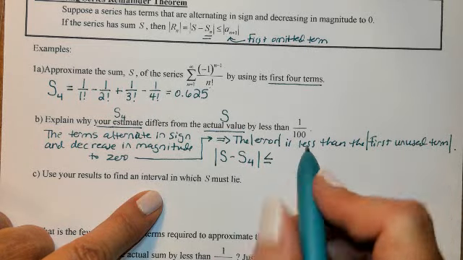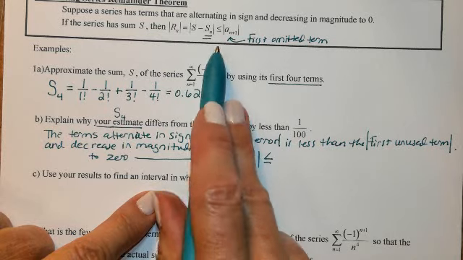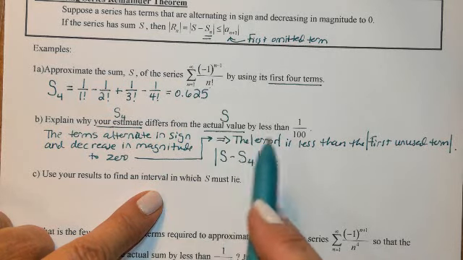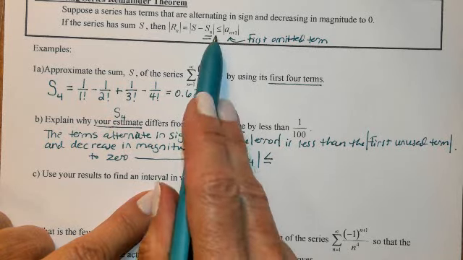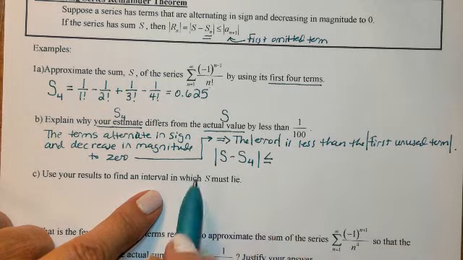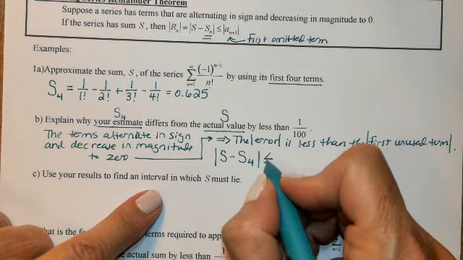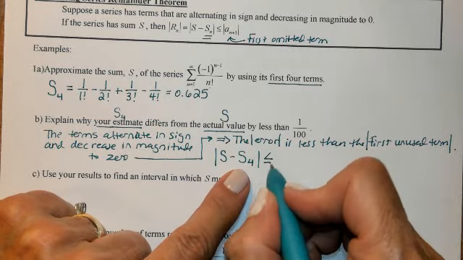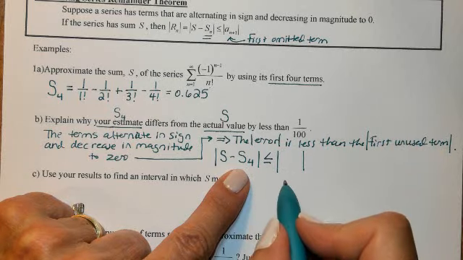Some textbooks use an equal to sign here, and some textbooks use a less than. Some textbooks say less than or equal to, and some just say less than. I'm going with what our textbook says, which is less than or equal to, okay? FYI. But if you do the other way, AP accepts that also, okay? All right. Less than or equal to, what is the absolute value of our first unused term?